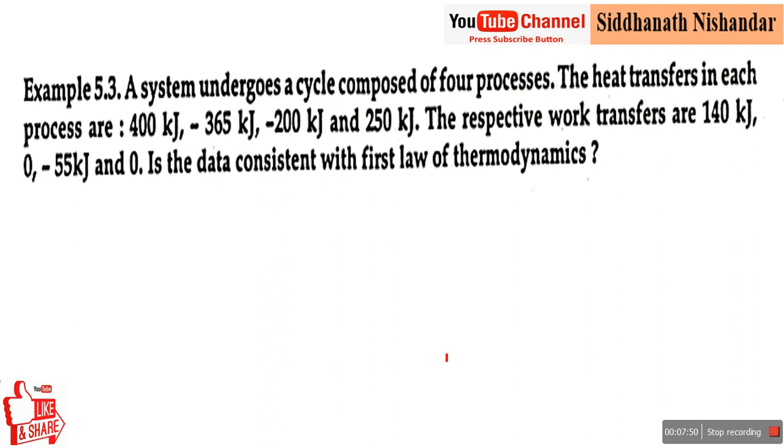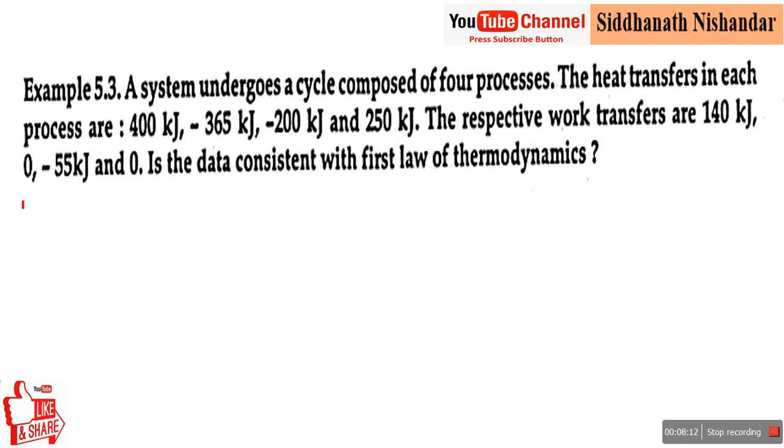Now the next numerical. A system undergoes a cycle composed of 4 processes. Each cycle consists of 4 processes. The process may be isobaric, isochoric, isothermal, isentropic, adiabatic; we will see these further in coming lectures. For now, just focus on how to apply the first law of thermodynamics.